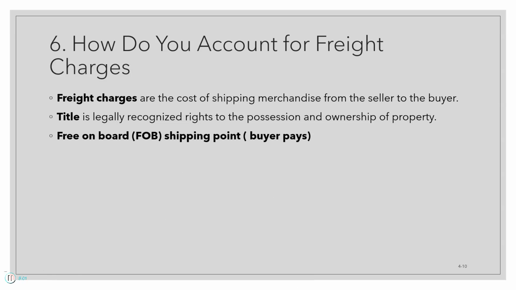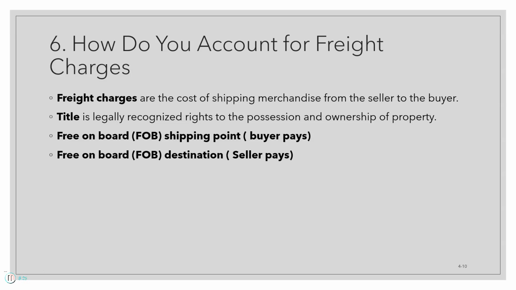So if it says FOB shipping point, the buyer pays the freight because it becomes theirs the minute it leaves the company they bought it from. If it's free on board FOB destination, what it means is it belongs to the seller until it is received by the buyer.